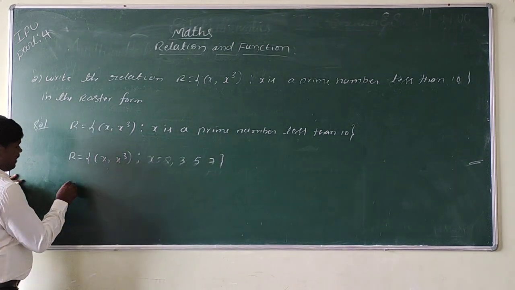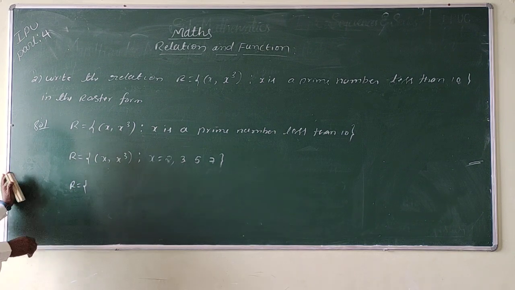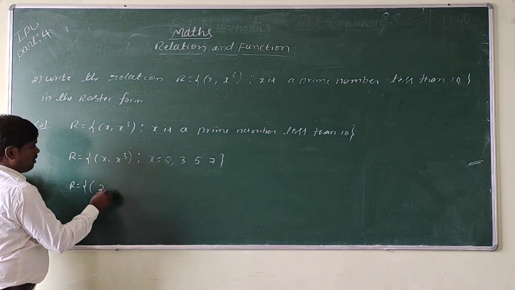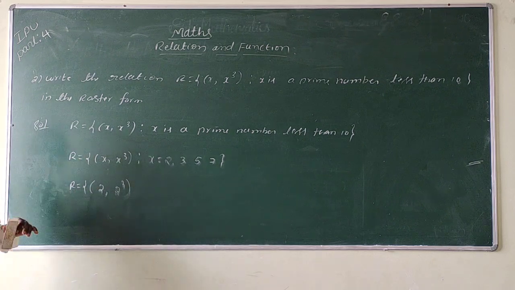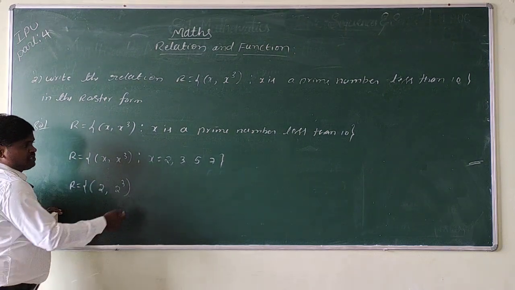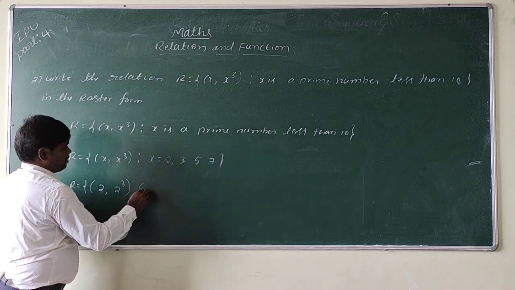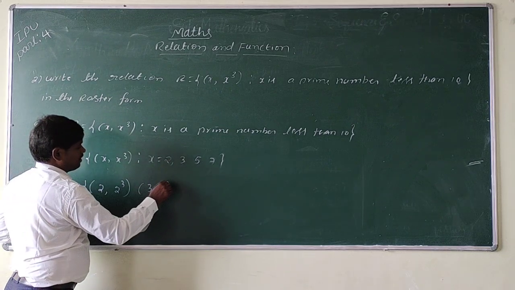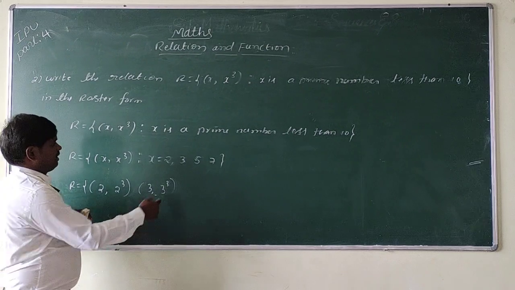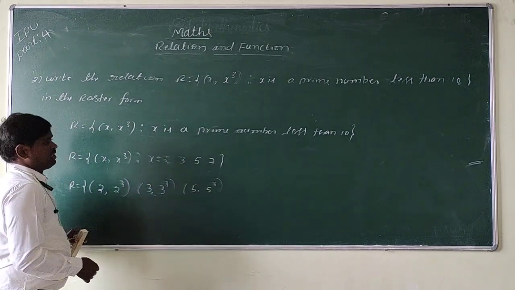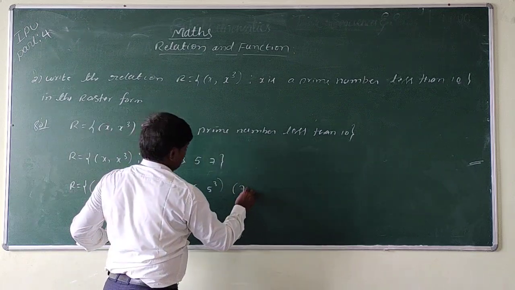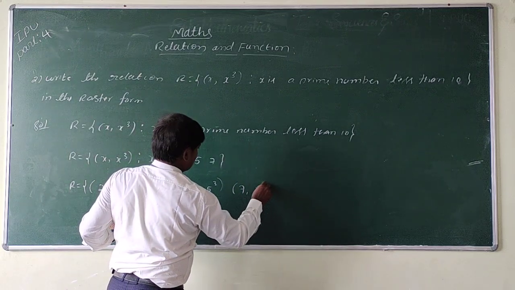Okay. So then the relation R: suppose I take x equal to 2, then 2 comma 2 cube. If I take 3, then 3 comma 3 cube. If I take x equal to 5, then 5 comma 5 cube. Similarly, 7 comma 7 cube.